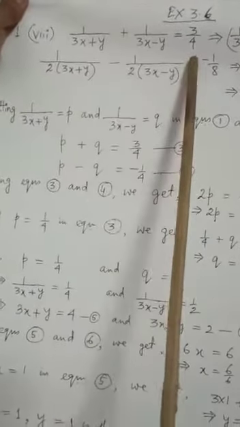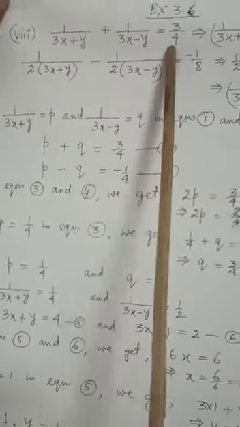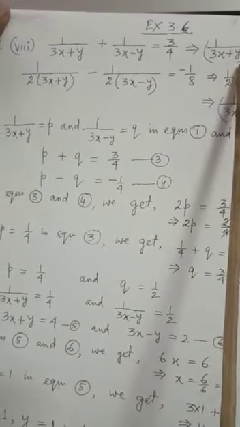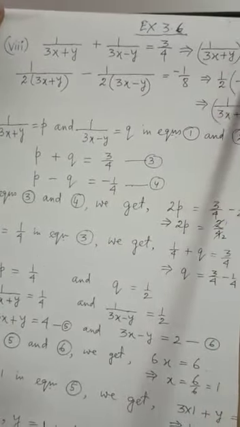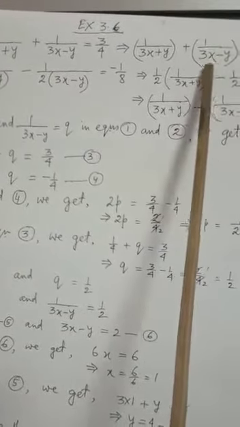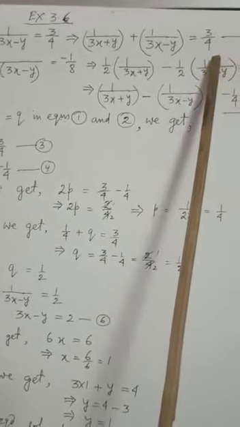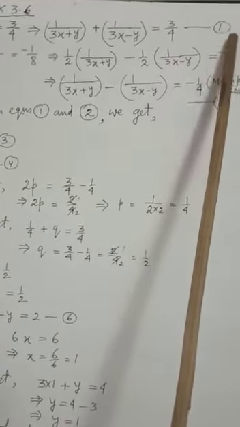Now from this equation, arranging the terms, we can write (1 upon 3x plus y) plus (1 upon 3x minus y) is equal to 3 by 4. Suppose it to be equation 1.